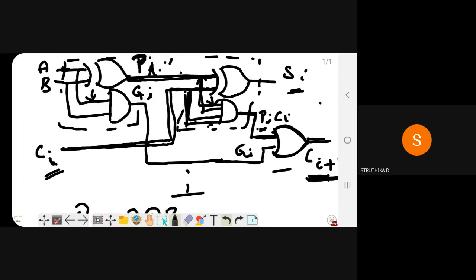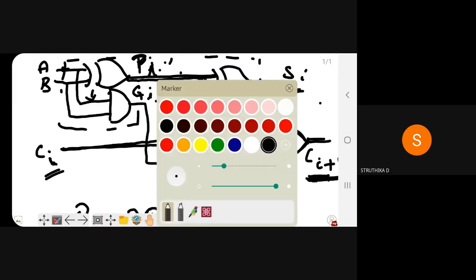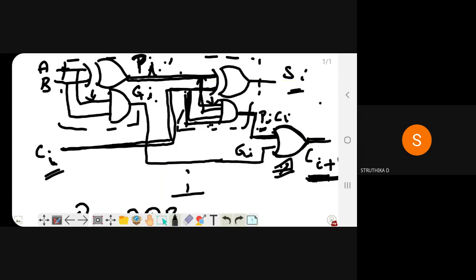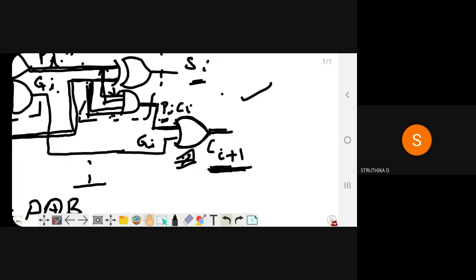Another input of this OR gate is Gi. This Gi is the second input of the OR gate. So at last the output of the OR gate is named Ci plus 1, which is equal to PiCi plus Gi. Do you understand now?